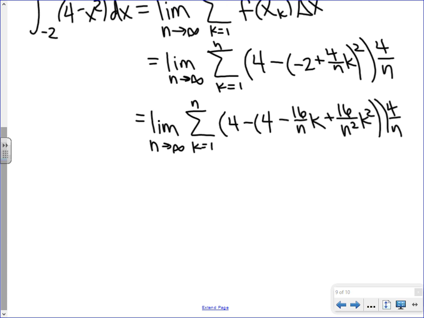Do you agree with my foiling, I guess, as you like to call it? Jake, do you have a question? No, just processing. Okay. So now we need to make this look a little bit nicer.